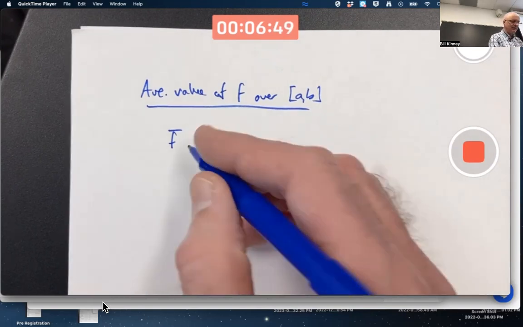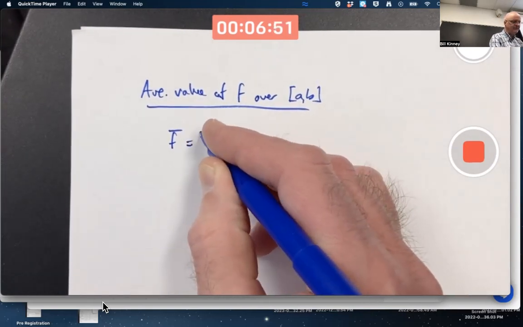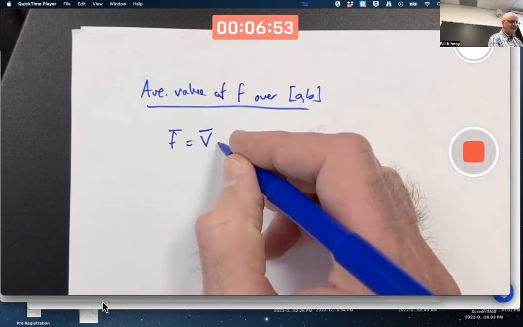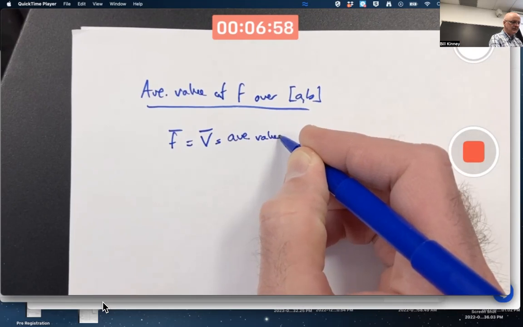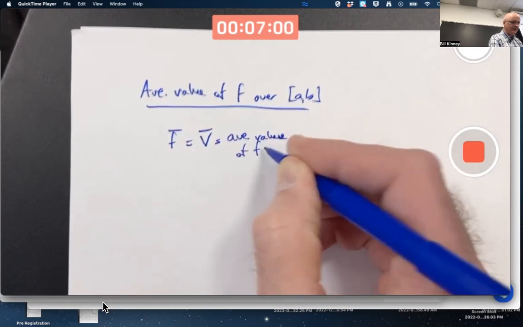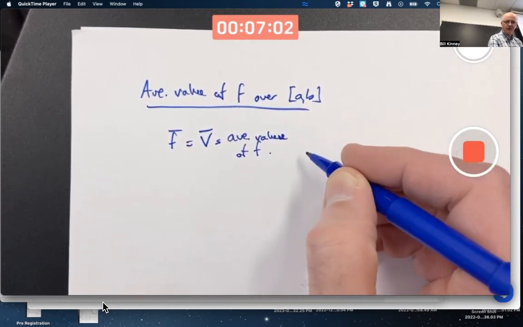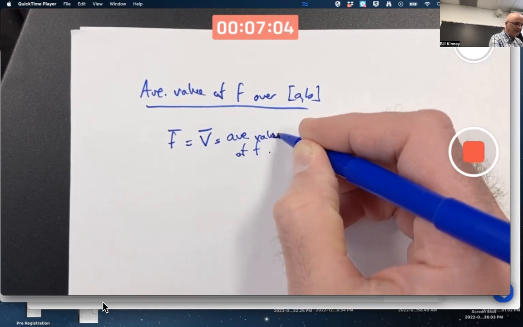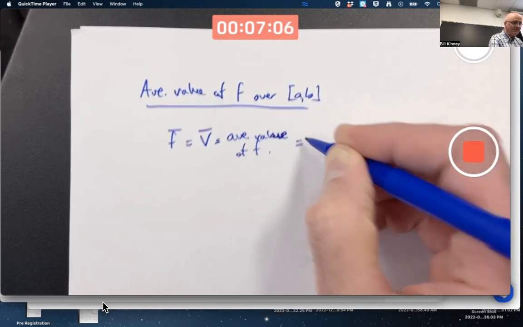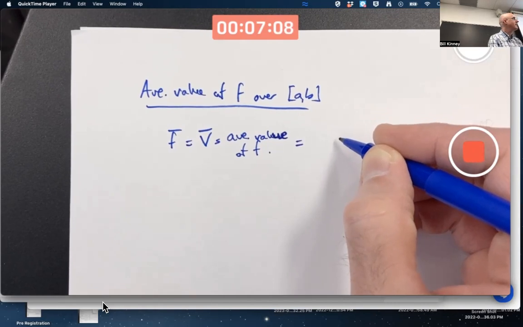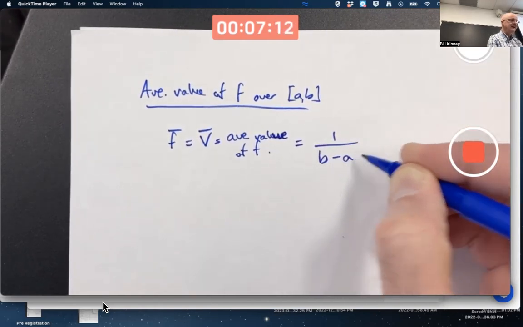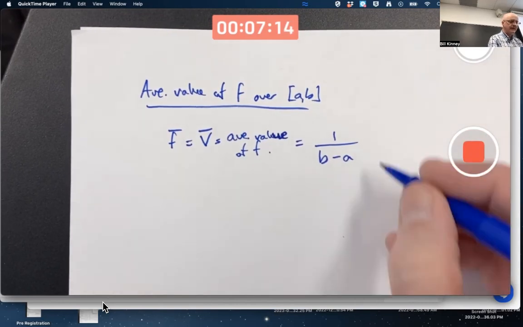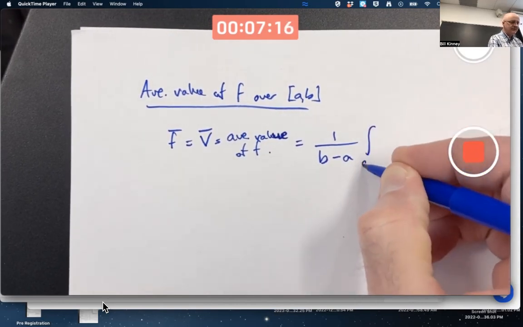I think I also sometimes call it v, or maybe v bar, the average value of f. Again, it's assumed over some interval. Again, take the integral and divide by b minus a, or if you prefer, take 1 over b minus a, 1 over the length of the interval, times the integral.